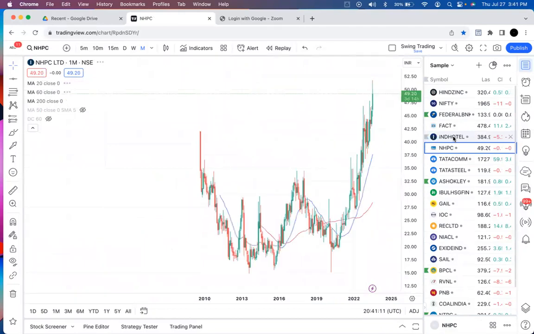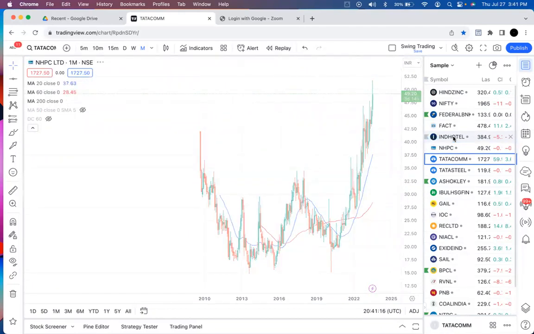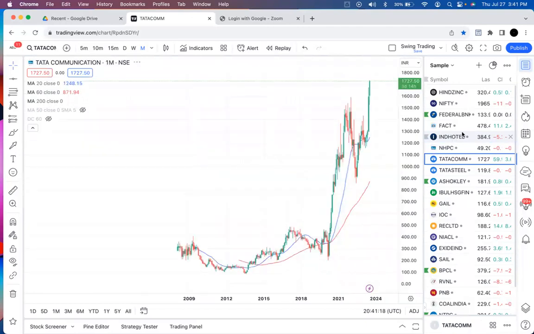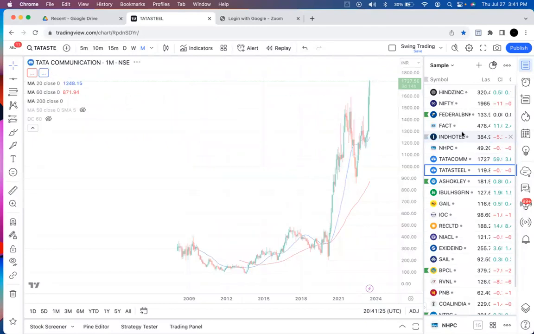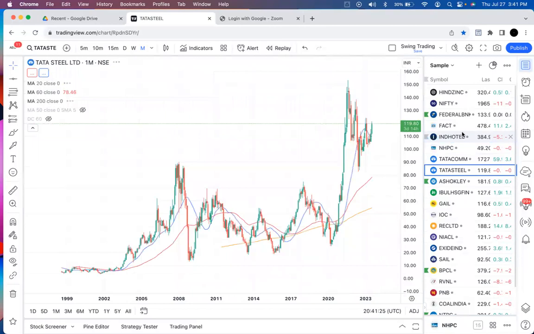All right, NHPC, looking good. Tata, yeah, I already looked through these. Tata Consumer, Tata Steel. Let's see what Tata Steel looks like. My internet is not fast enough. All right, Tata Steel is good: 20 on the top, 60 below that, and the 200 below that.